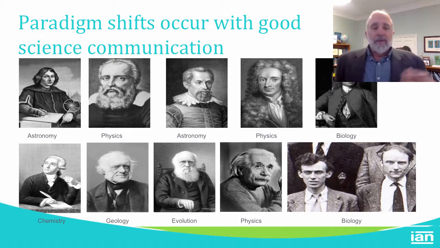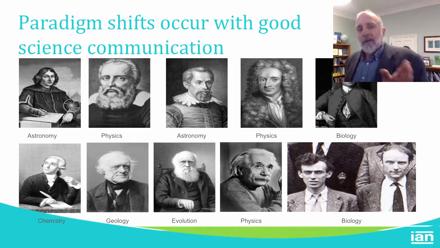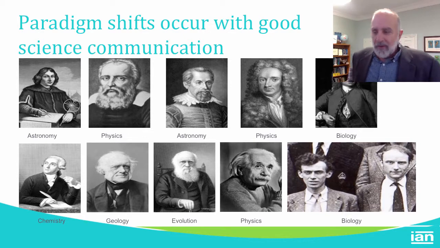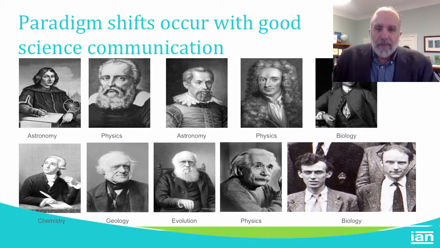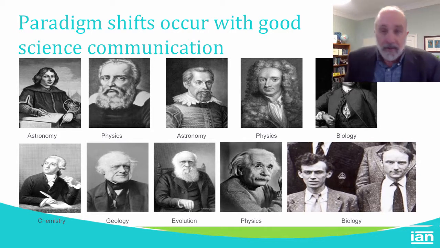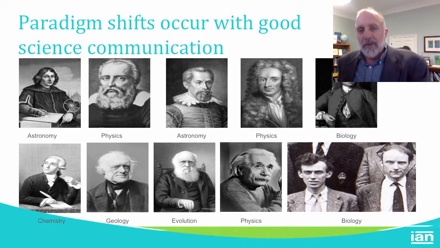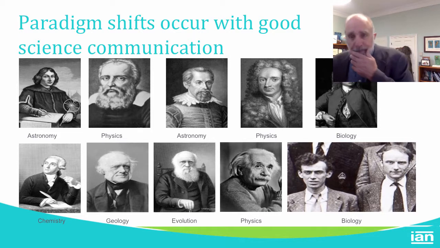And then Darwin with his theory of natural selection, upsetting the entire world to this day. Albert Einstein and E equals mc squared, leading into the physics revolution, and nuclear power and atomic weaponry as a result. And then the biological revolution ushered in by Watson and Crick and the discovery of the structure of DNA.